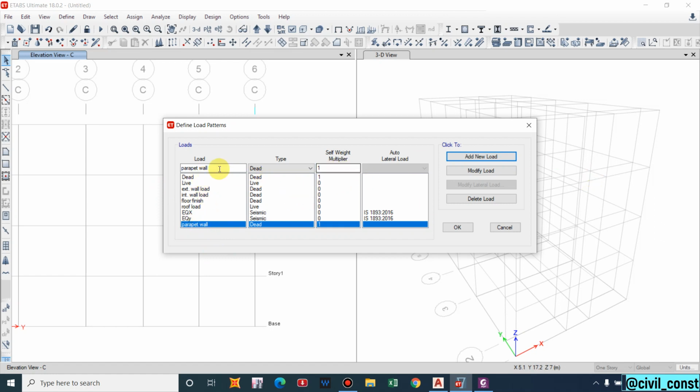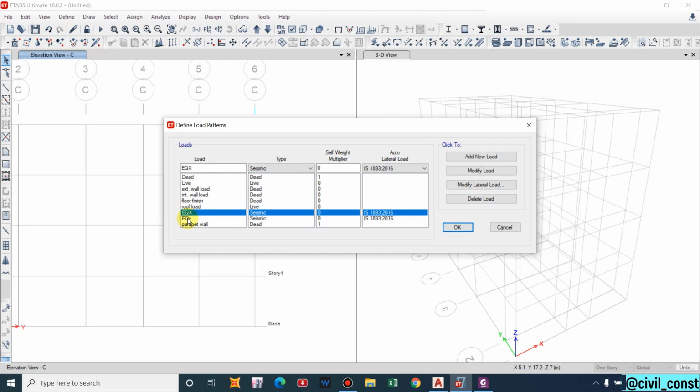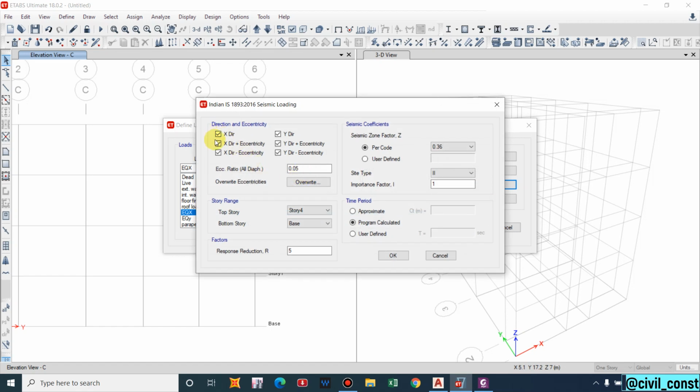Now we have to modify EQX and EQY. For this go to modify lateral load, and for the x-axis uncheck all of these and check all in x direction, that is x direction plus eccentricity and x direction minus eccentricity. It is not necessary to tick this because it will be considered automatically.